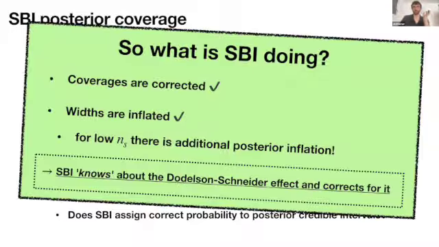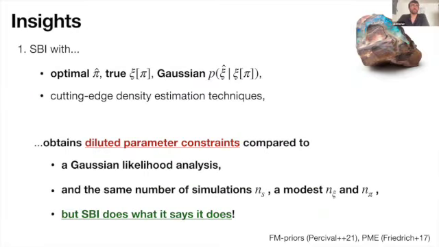I have some other things to show, but I think it's nice to keep it a little bit short here. Just to go over the main insights: when we give SBI the optimal compression, the true model, and do all of these experiments with Gaussian likelihoods and these cutting edge density estimation techniques from machine learning, we obtain diluted parameter constraints with respect to a Gaussian likelihood analysis for the same inference problem.